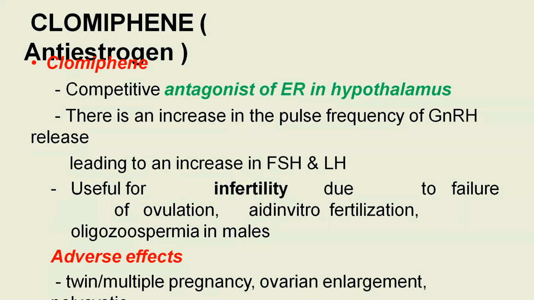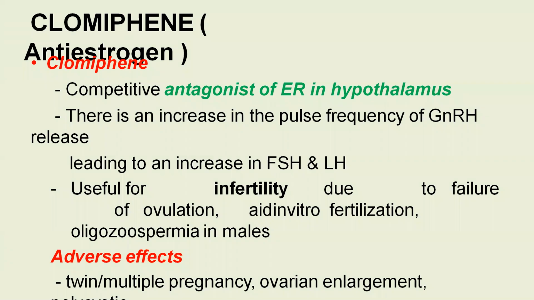So clomiphene, here you call clomiphene an anti-estrogen as well, because it has shown agonist activity in some animals, but in humans, it exerts antagonist activity. So you can call it an anti-estrogen rather than a SERM. It is a competitive antagonist of the estrogen receptor in the hypothalamus.